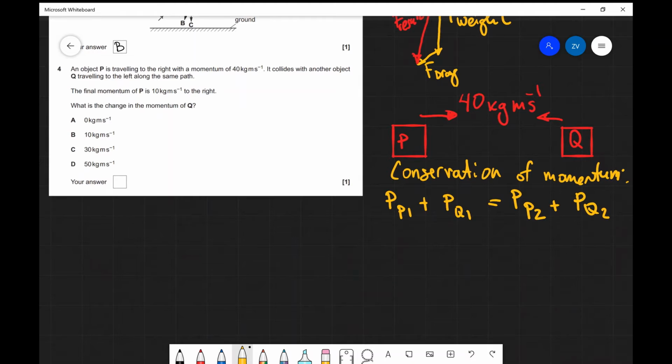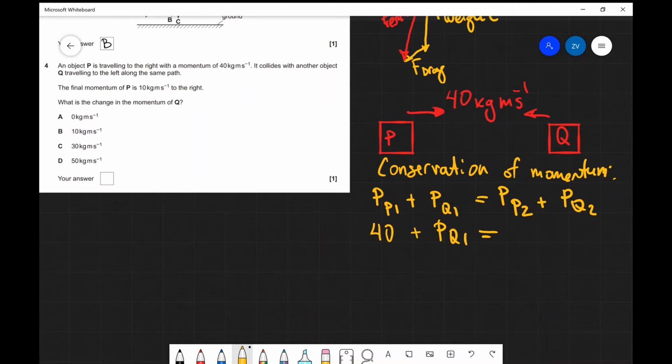Okay, so what's the momentum of object P before the collision? That's 40. We don't know what the next one is. We know that the momentum after the collision for object P is 10 plus Q2.